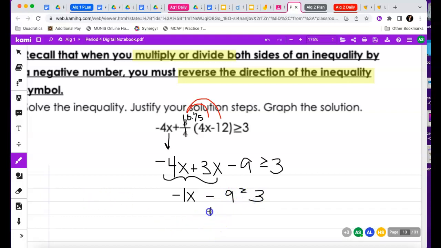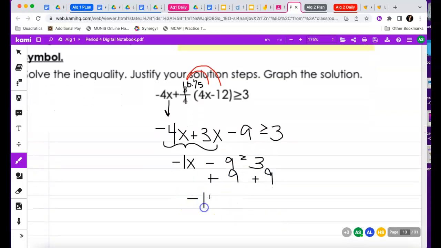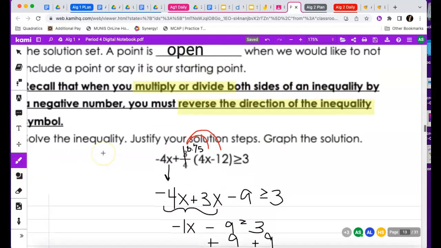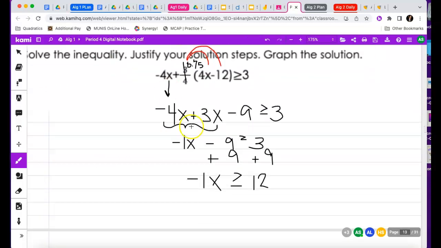The opposite of minus 9 is add 9 on both sides. So we're left with negative 1x is greater than or equal to 3 plus 9, which is 12. And then here is the part that we talked about up here. When we divide by a negative number, we reverse the direction of the inequality.